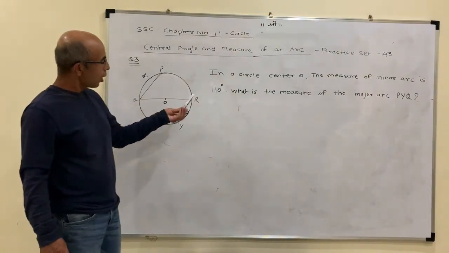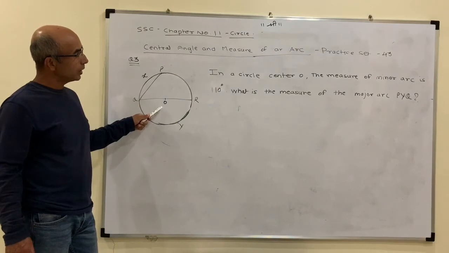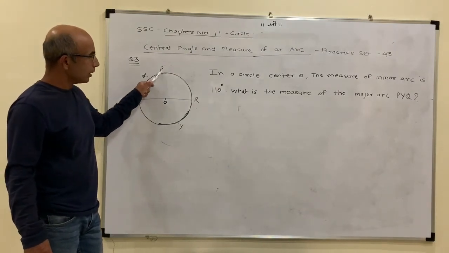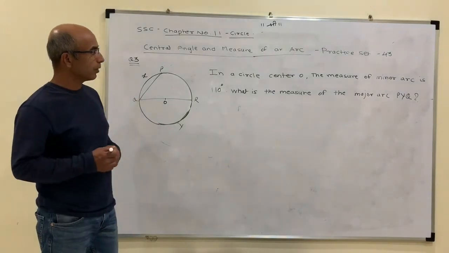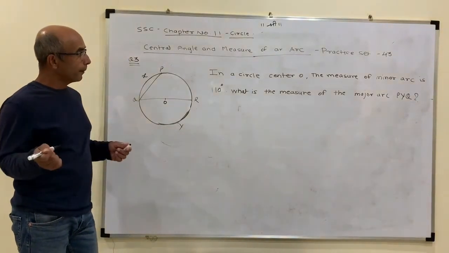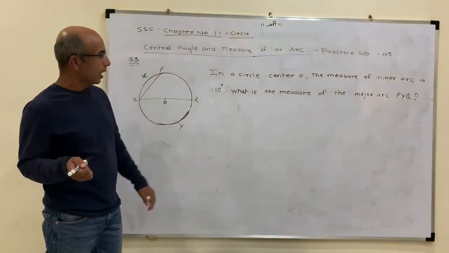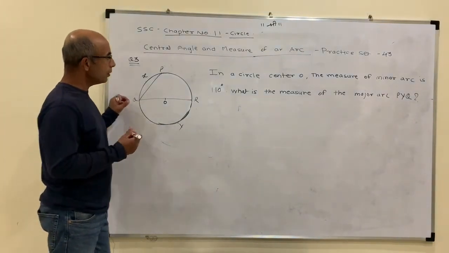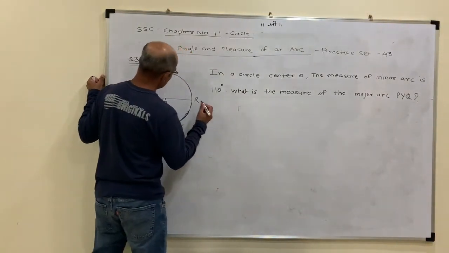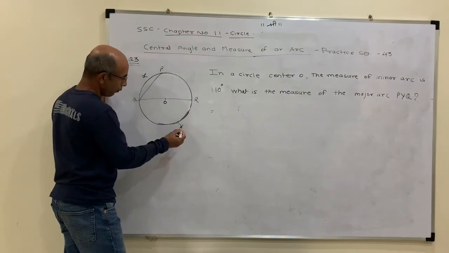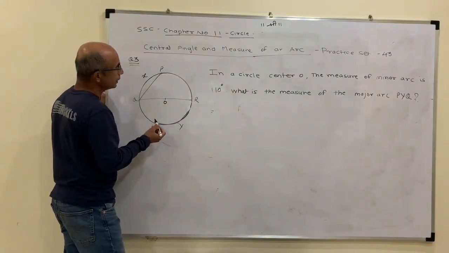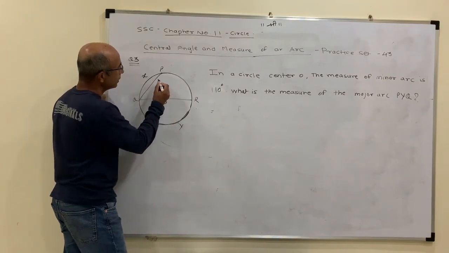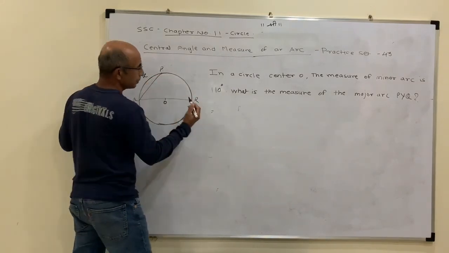Now the question number 3, this is the diagram given. In a circle O, the measure of minor arc is 110 degrees. What is the measure of the major arc? As I mentioned, this is the measure of arc PYQ, and we need to find it out. The given minor arc is QXP.